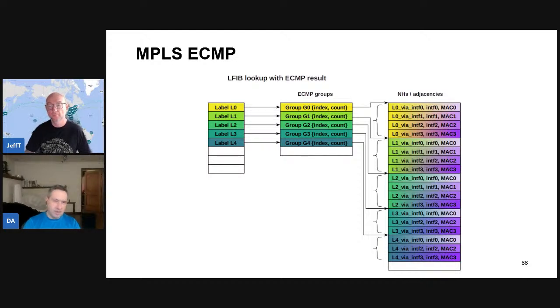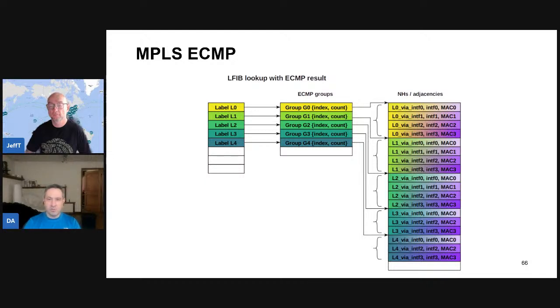Since each label could be rewritten into a different value, we have to allocate a block of next hop entries and a separate ECMP group for each label. And this doesn't scale, because if we have 8K, 16K destinations, each one has its label. That means we need the same number of ECMP groups, so several thousands of ECMP groups.